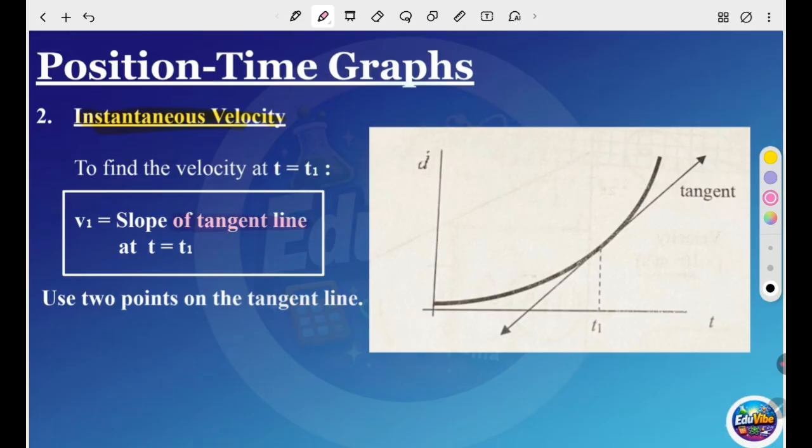In this curve, we have a line passing through only one point. This is called the tangent. And from that point, if this is t equals t1, we get the instantaneous velocity from there.